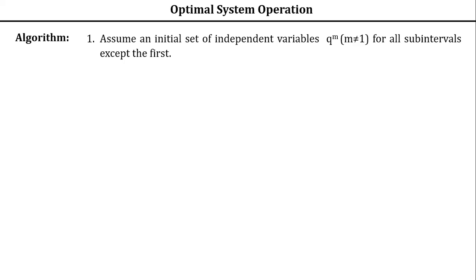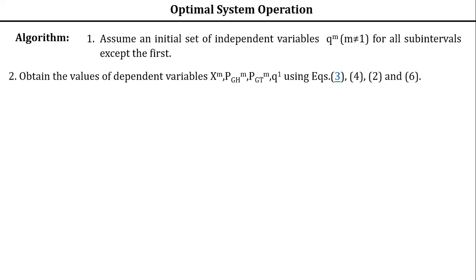That is the first part. Next, obtain the values of dependent variables. As I said earlier, dependent variables are PGT, the real power generation due to thermal, PGH, the real power generation due to hydro, and the water storage X during each subinterval m. In addition, the other dependent variable is your rate of water discharge, Q1.